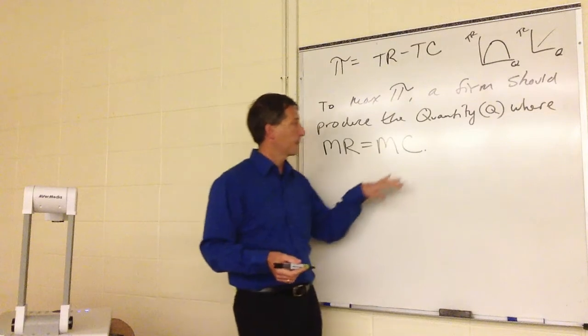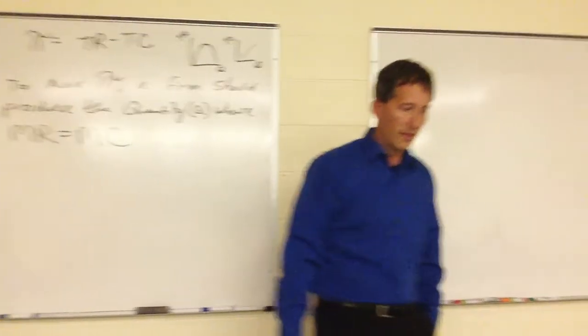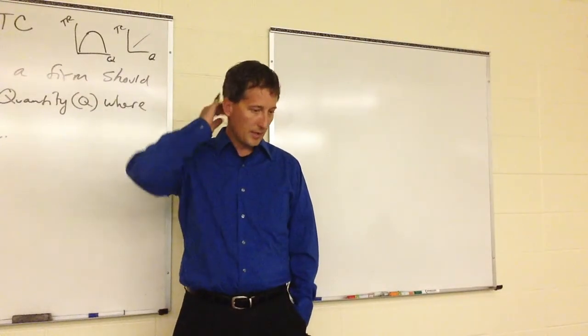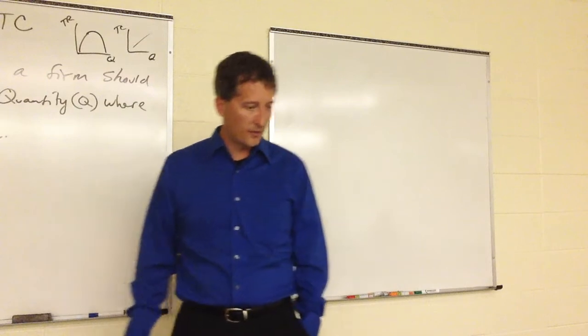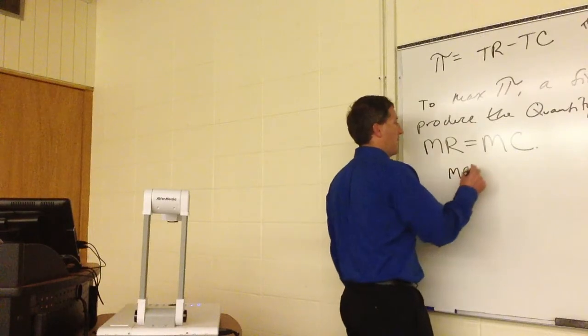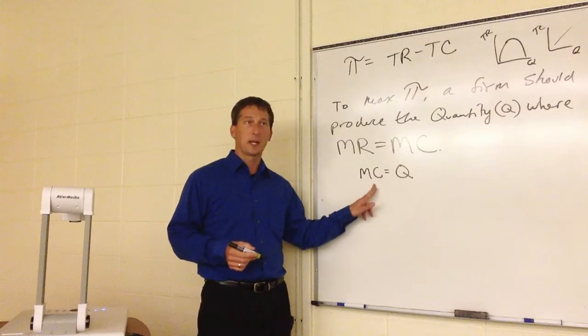All right. Now with this particular problem, we're in the perfect competition environment. What can you tell me about revenues? They give us marginal cost. So they say, from the problem, we know that marginal cost equals Q. You produce 10 units, you got 10 bucks worth of cost.